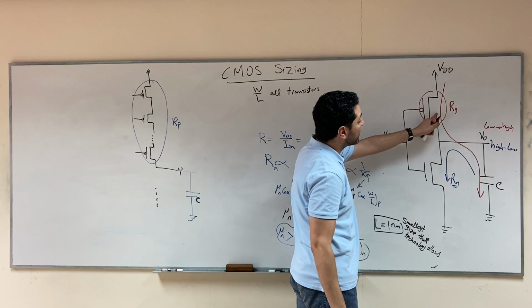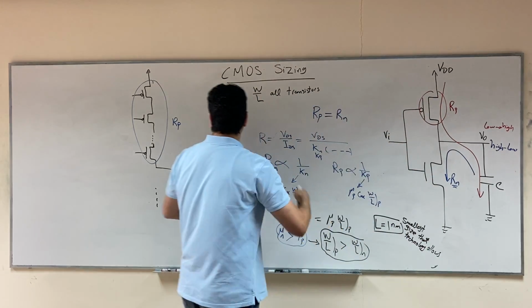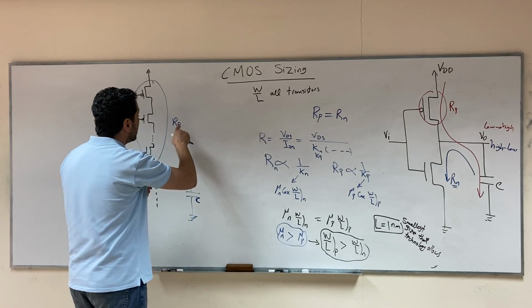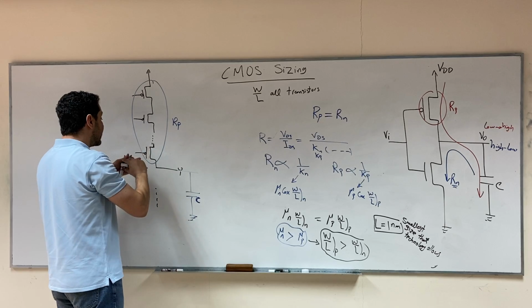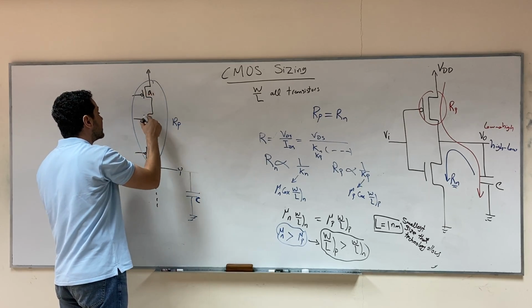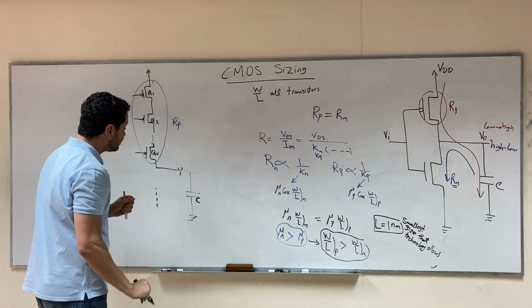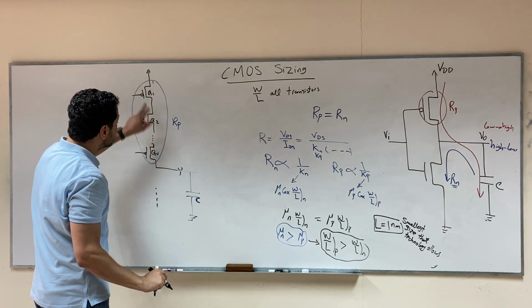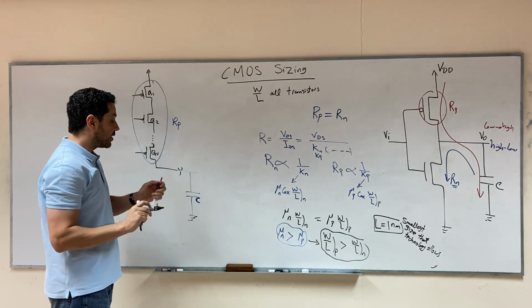The resistance there was the resistance of one transistor, which is RP. Here we have many transistors, transistor number 1, transistor number 2, up to transistor number N. You have to design all of them so that the total resistance is the same as the resistance of the CMOS inverter, which is RP.